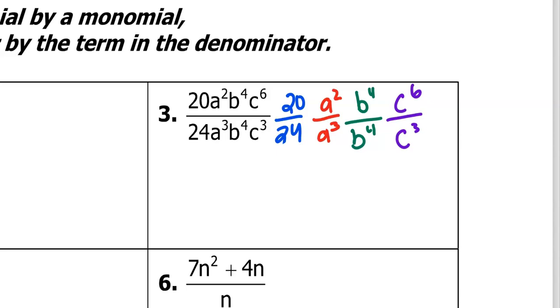Now let's simplify piece by piece. Let's do our coefficients first. 20 over 24 can't simplify into an integer, but it can simplify into a simpler fraction. They can both be divisible by 4 to give us 5 over 6. a2 over a3 simplifies to what?